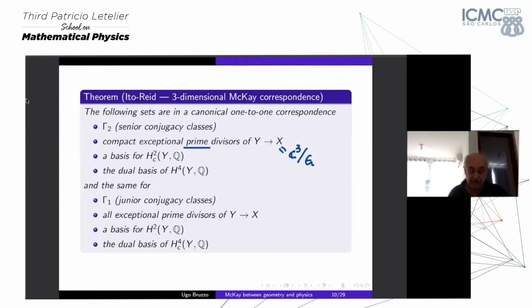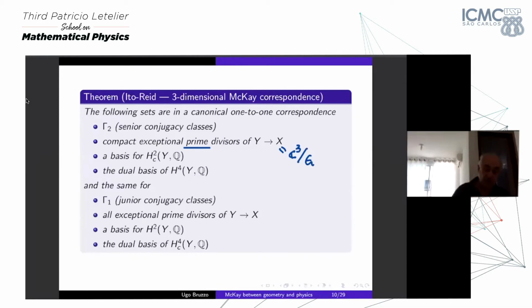What about the junior classes? Actually, they are in correspondence with all components, compact or not. We shall see that, for instance, in the guiding example of C3 mod Z4, there will be one compact and one non-compact component.